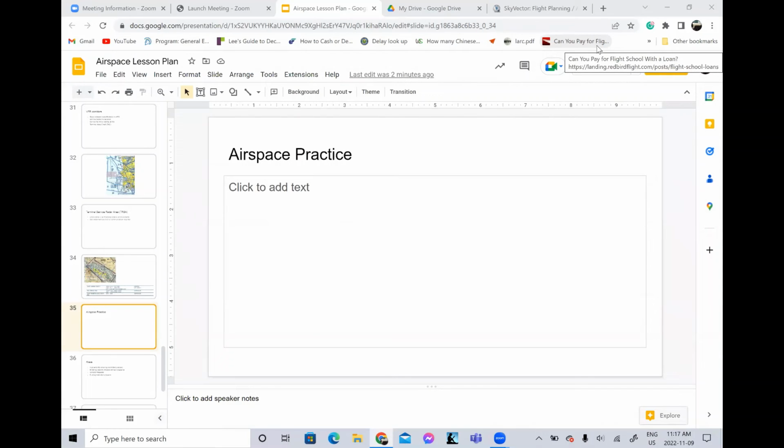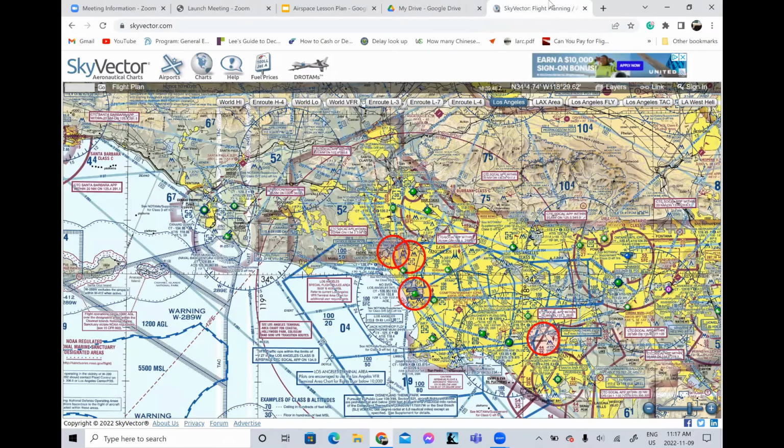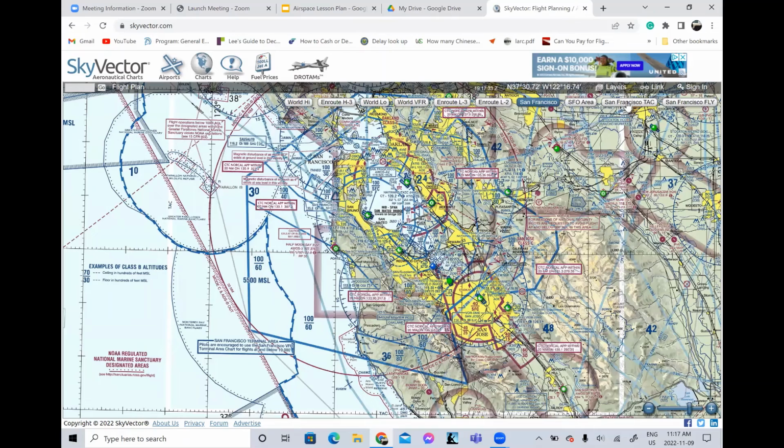So now that we've covered all the different airspace in the United States airspace system, I'm going to be showing you some ways you can practice so you know your airspace well and know the weather minimums and what is required to operate. What I like to do is, okay, let me pull up the San Francisco terminal area chart.